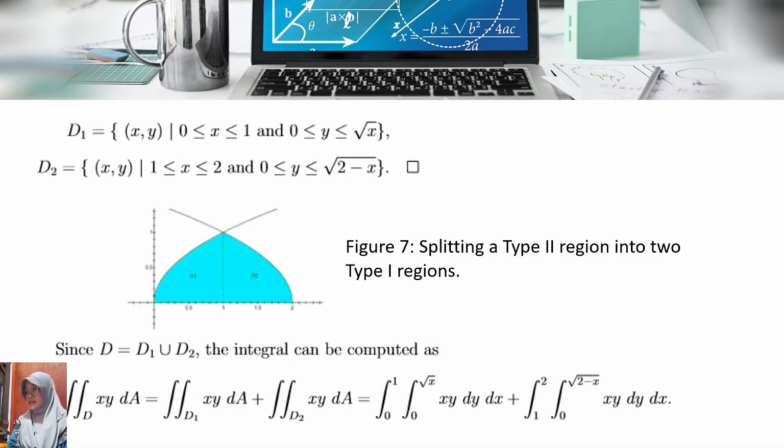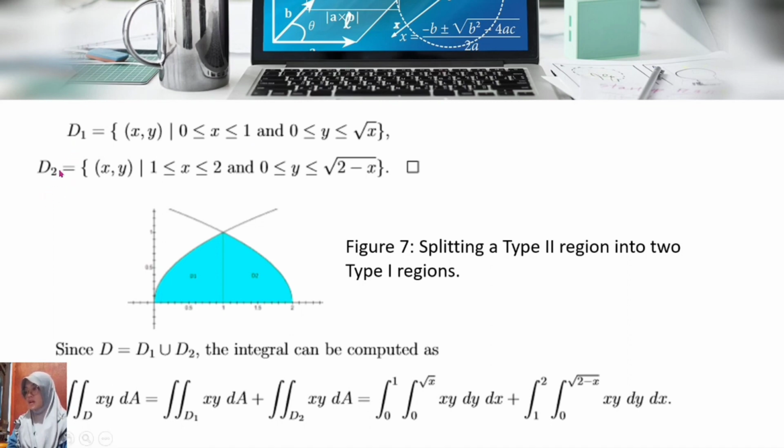So another one is D sub 1 is equal to the set of x and y, where x is greater than or equal to 0 but less than or equal to 1, and y is greater than or equal to 0 but less than or equal to the square root of x.